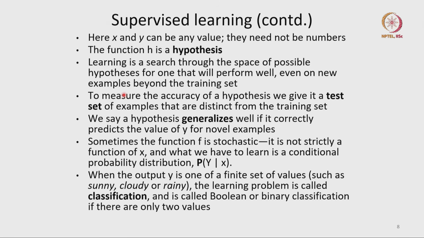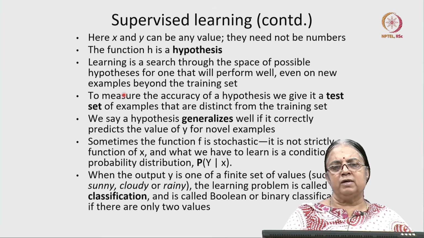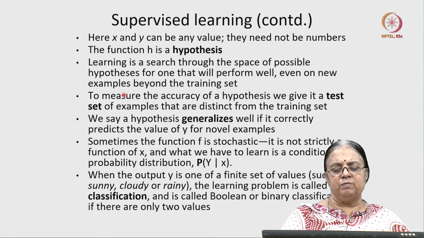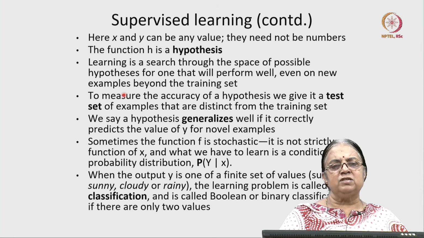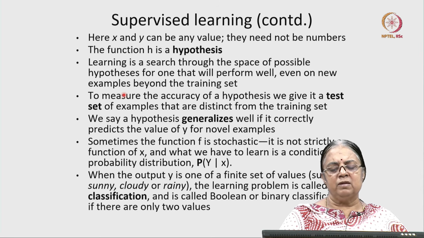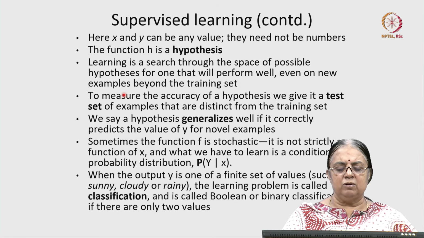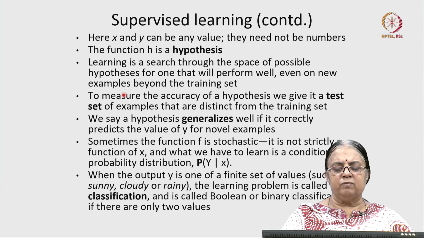So, we want a hypothesis which gives a high accuracy, and if it works well on new examples, we say this hypothesis generalizes well. Okay. So, we want a hypothesis which generalizes well, because it means it is able to do well even on new examples which are not there in your training data.